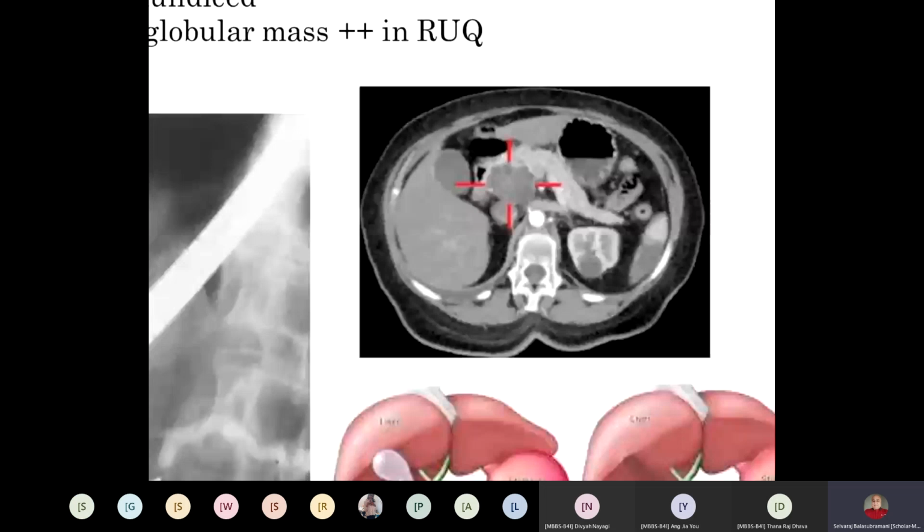Whenever you want to remove something from the body, the first thing you have to do is cut off the blood supply. If you cut off the blood supply to the pancreas, the blood supply to the duodenum also will get cut off. So you cannot remove just the head of the pancreas alone. Whenever you remove the head of the pancreas, it should be associated with removing the duodenum also.